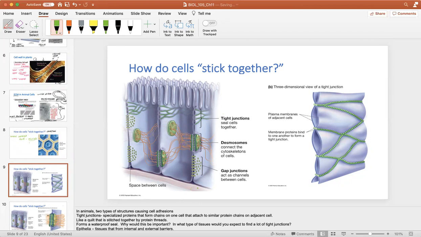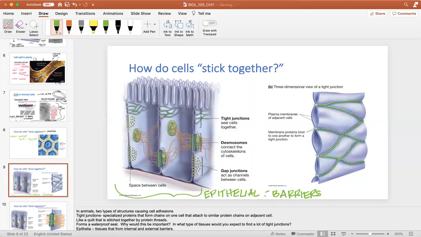This is an example of a tissue type called an epithelial tissue. And the reason I mention that is epithelial tissue is made up of cells that are tightly linked to one another because epithelial tissue is tissue that forms barriers. So for example, your skin is an epithelial tissue.